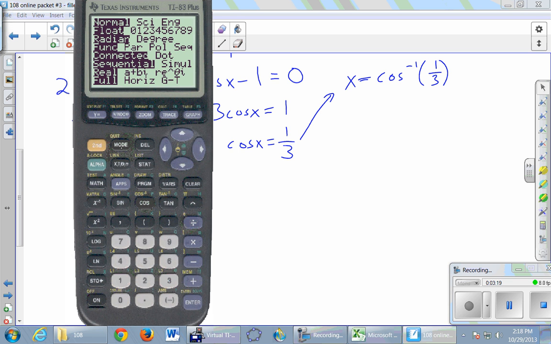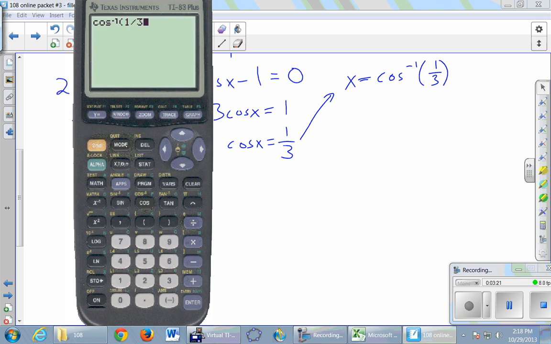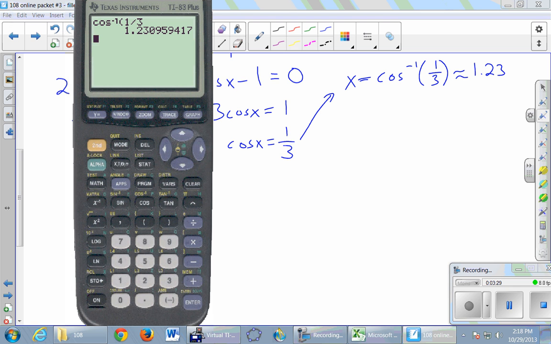Again, check your mode. This problem is in radians, 0 to 2 pi, so we're fine. So we'll get one fundamental angle right there. 1.231, we'll say, radians. And then to find the other one, we need to draw our familiar unit circle.